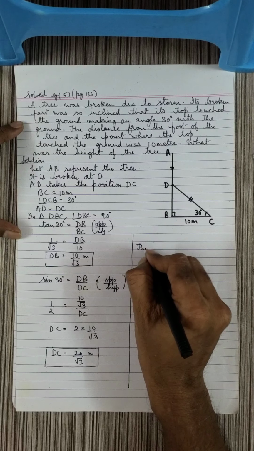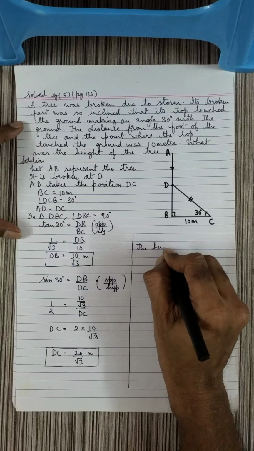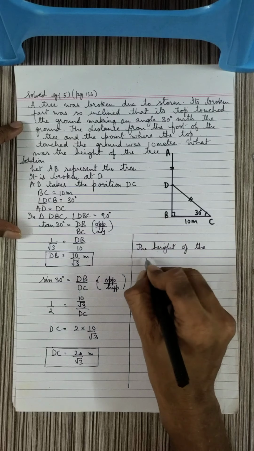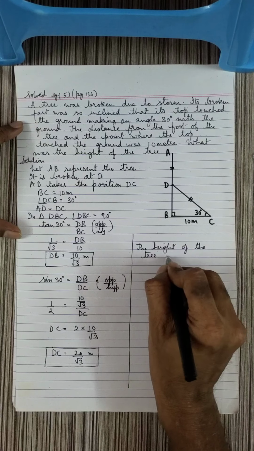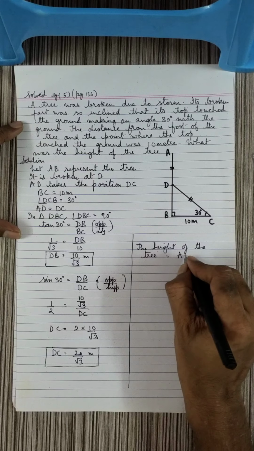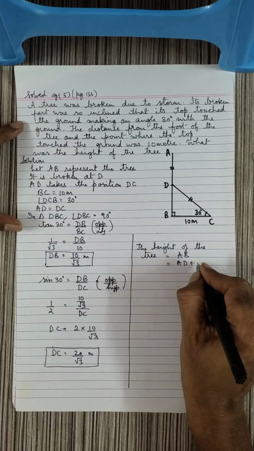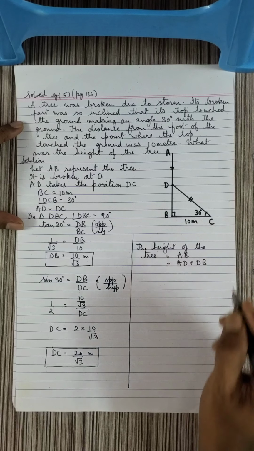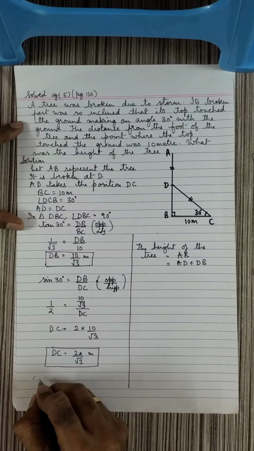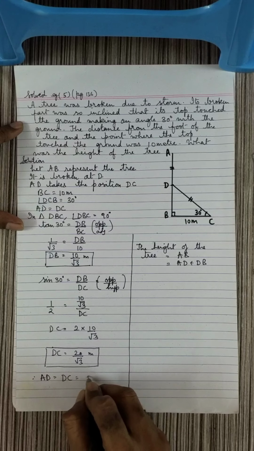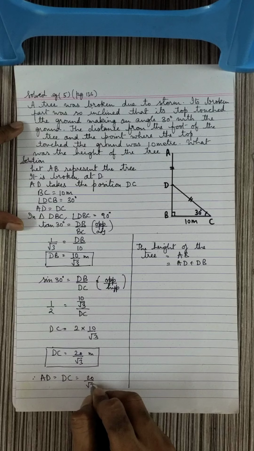Now the height of the tree is AB, which is equal to AD plus DB. We can mention here that AD is equal to DC is equal to 20 upon root 3 meters.